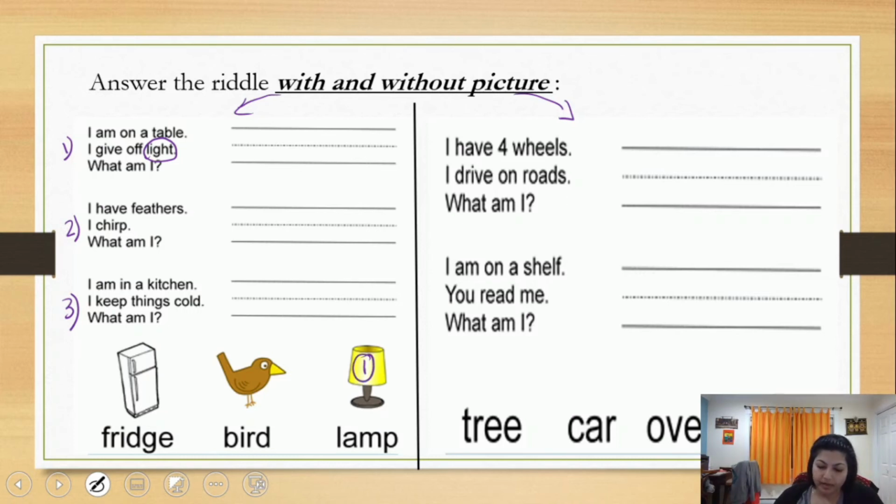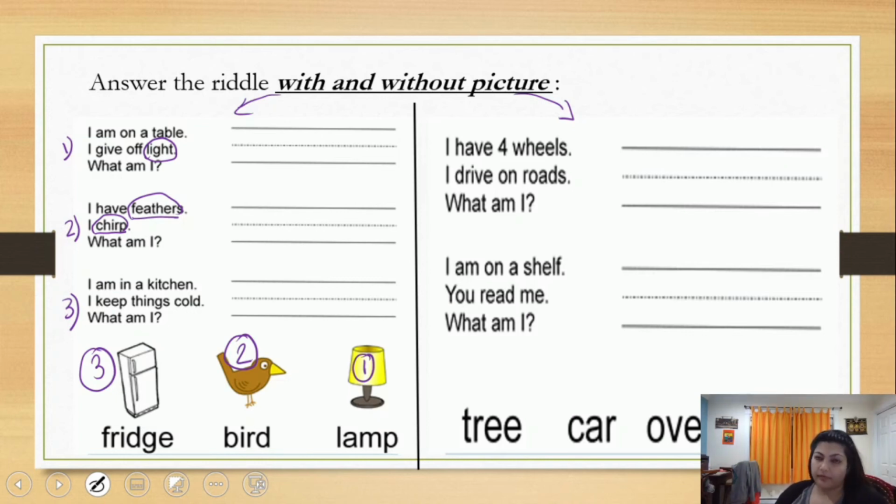Then I have feathers and I chirp. Circle the keywords, mark this 2. And what's left? Fridge, but you have to mark the keywords as well. So you're not only teaching them the elimination process, but at the same time you're enforcing what are the keywords or the hint that helped me to conclude my answer.